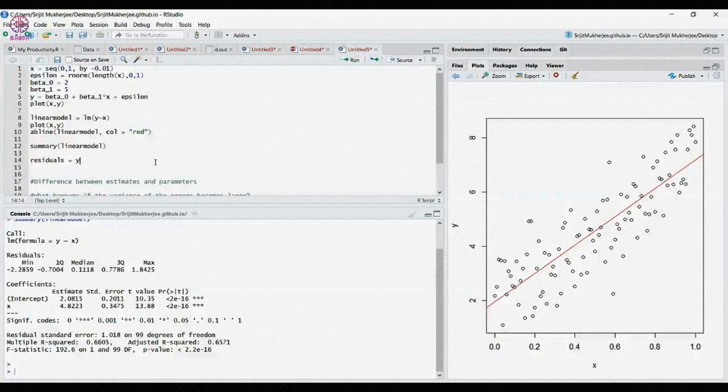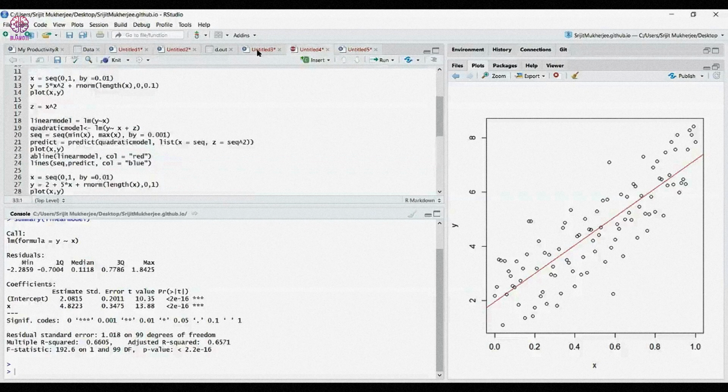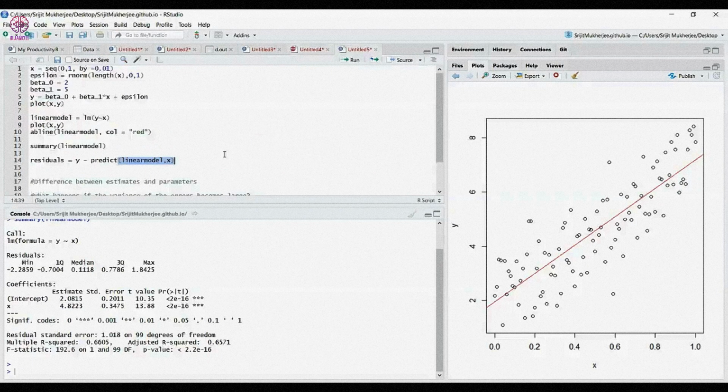It's y minus predict of the linear model, comma, the x. So this is the y_i hat part, and the beautiful aspect is that this is the residual.